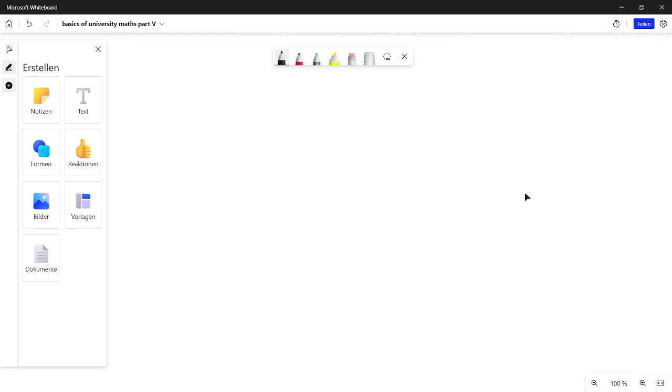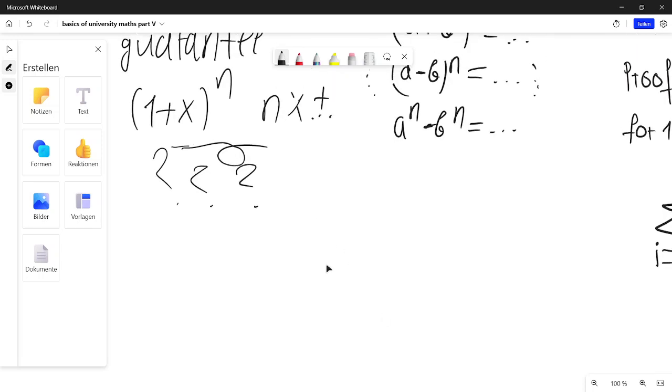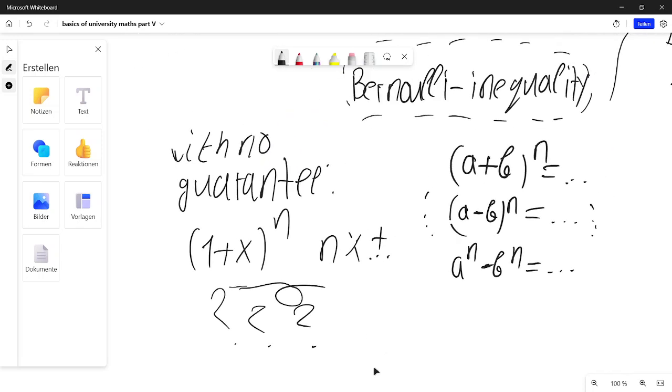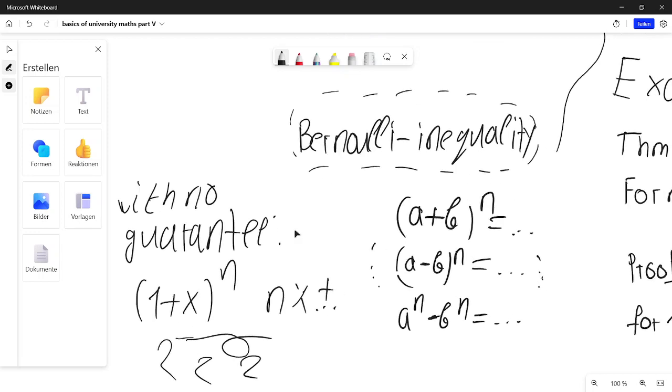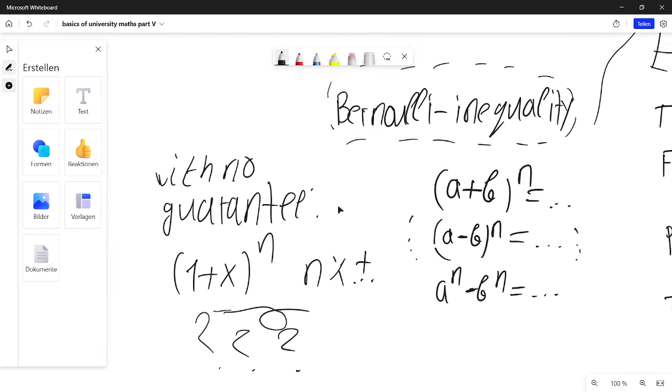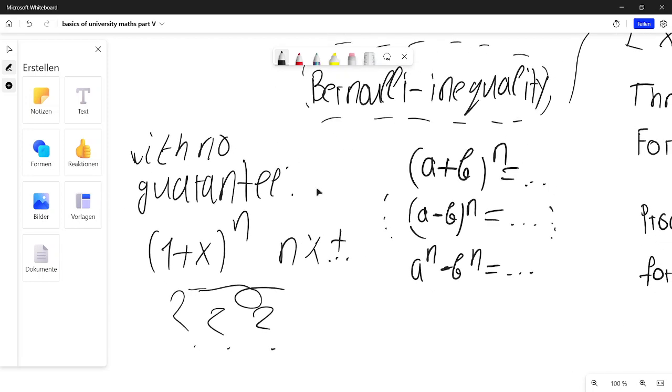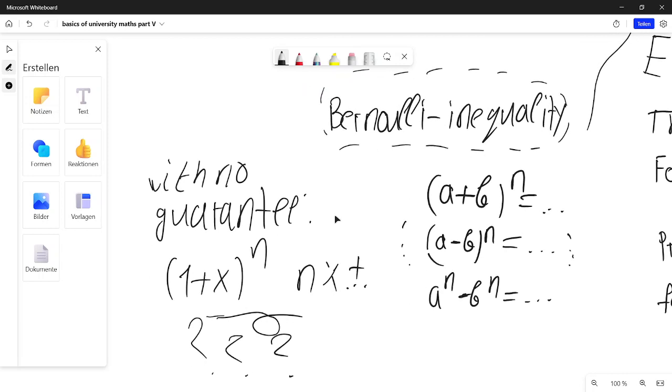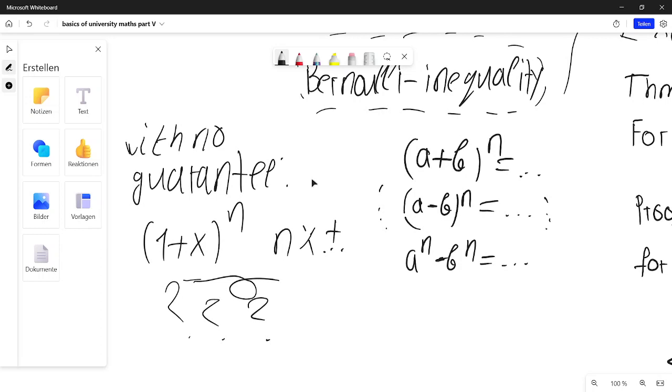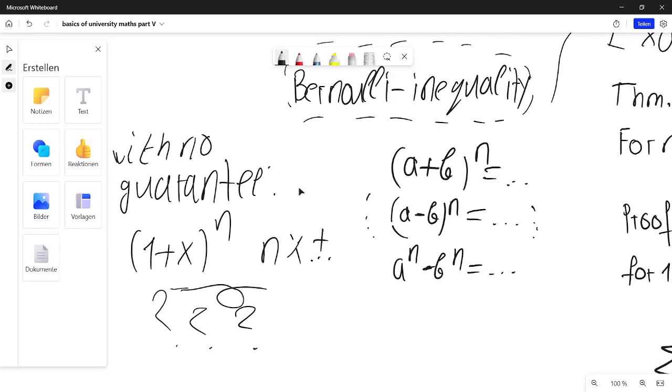I would say the Bernoulli inequality is a very nice thing, but I'd rather prove it in the calculus course. And I would have to somehow come up with that because I would not like to look it up.